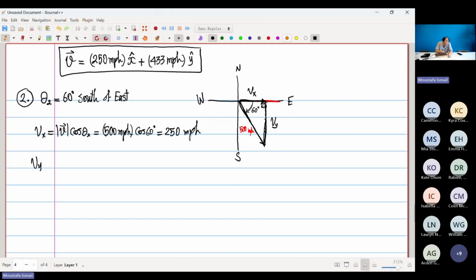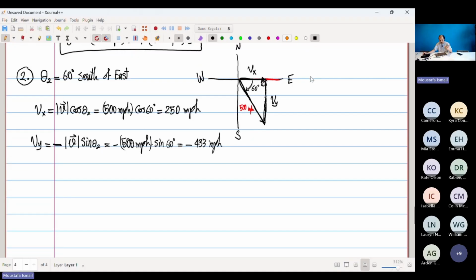So for Vy, we can still get the length as V sine theta, but we add a negative sign to indicate the change in direction. So V sine theta 2 is equal to negative 500 miles per hour sine 60, which is equal to negative 433 miles per hour.